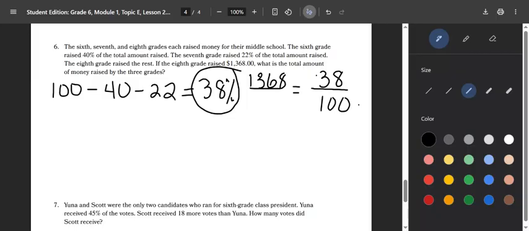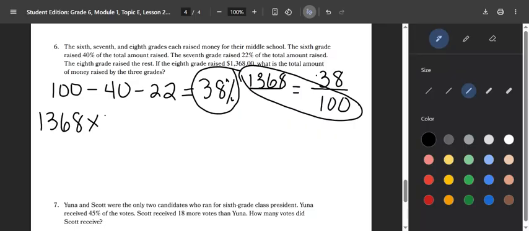So let's cross multiply right here. 1,368 times 100 is 136,800.